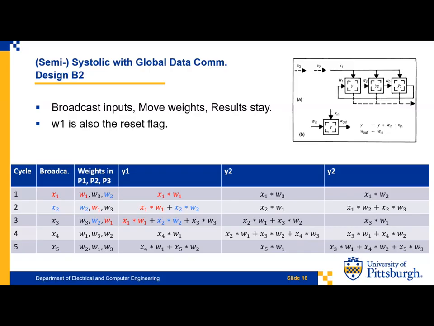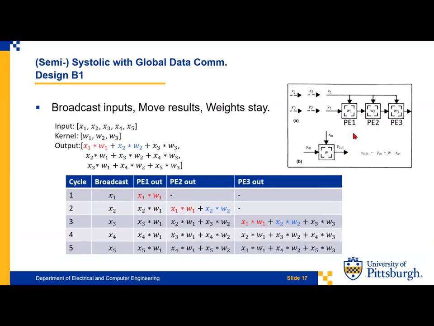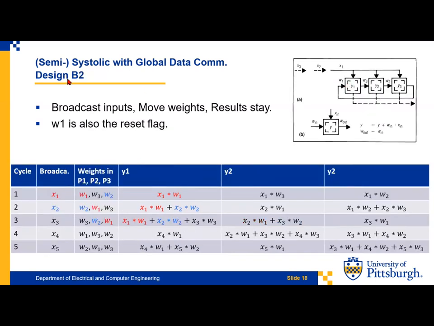1D convolution operation. And what is the difference between these two designs? In B1, the weight stays in the processing element, right? And in this B2 type, the result stays in this element.